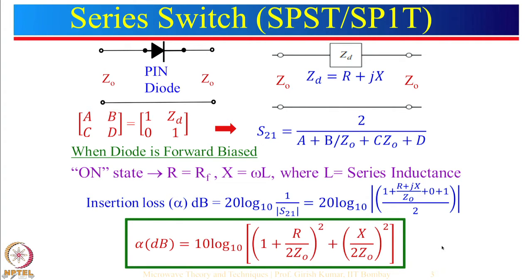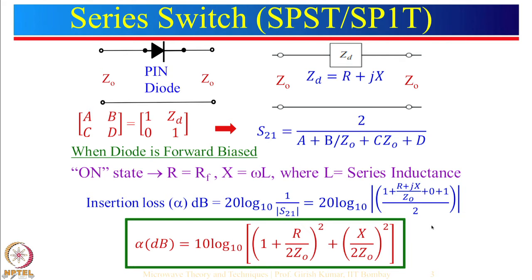Ideally we want insertion loss to be close to 0 dB, but in practice it will never be 0 dB, as we have seen that R has a finite value and X has a finite value. So insertion loss also will have a finite value.